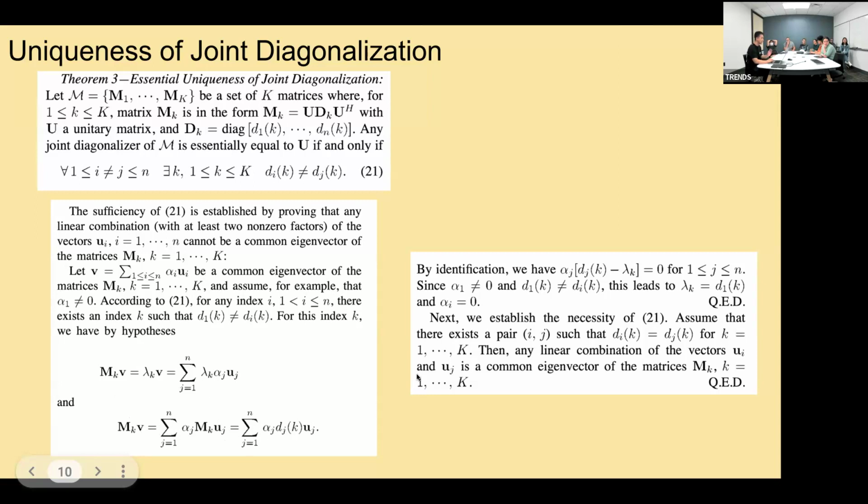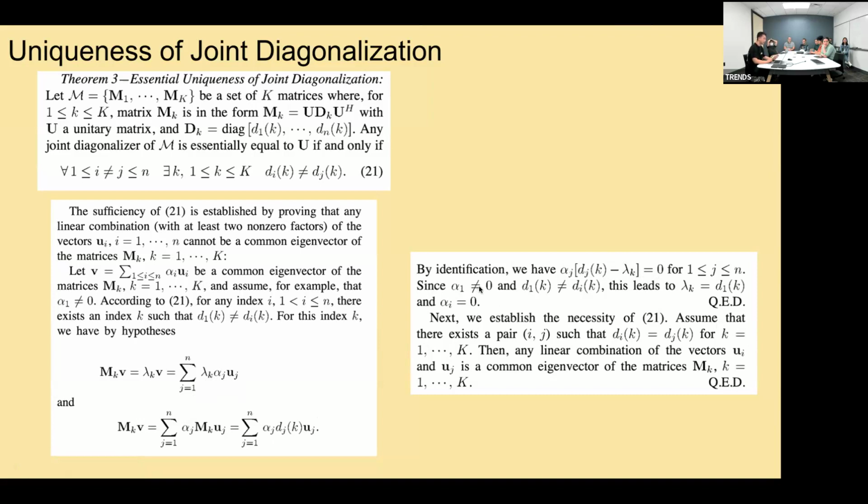Based on this identity, this part and this part should be equal if there exists a common eigenvector. What they're trying to show is that there is no such eigenvector, but if it exists it will cause a problem, because in this condition AJ times this part has only the difference between lambda K and the J-th eigenvalue. So one of these parts, either AJ or the one in the bracket, should be zero.